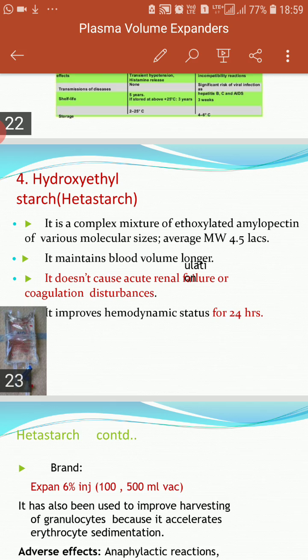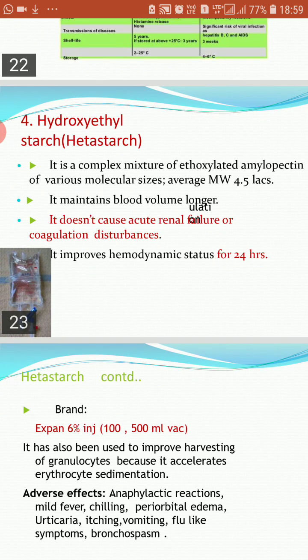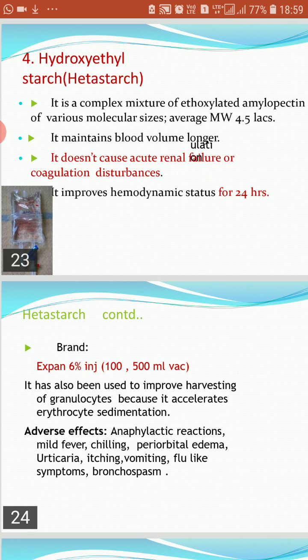So these are the advantages. Another use is that it can be used to improve harvesting of granulocytes because it accelerates erythrocyte sedimentation. So we can use it to harvest WBCs, harvest meaning to separate or increase them.